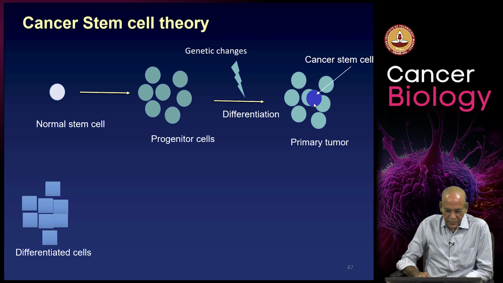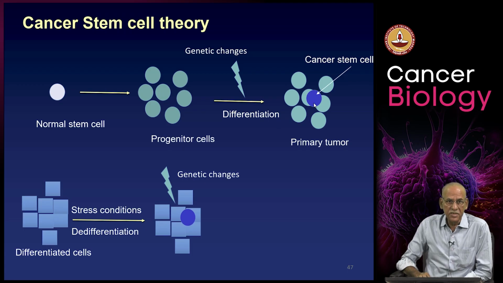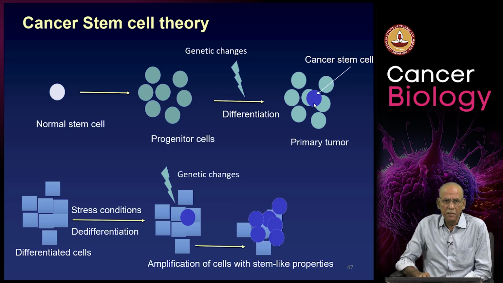So, you see, there are differentiated cells which under some stress conditions may get de-differentiated, and some genetic as well as epigenetic changes may help in getting cells which have stem cell like properties.